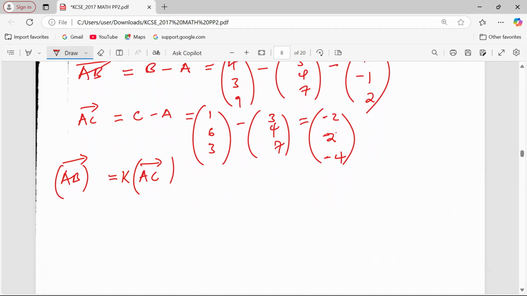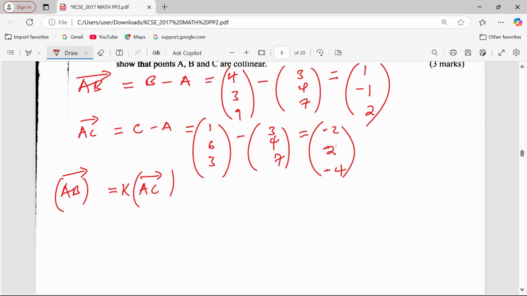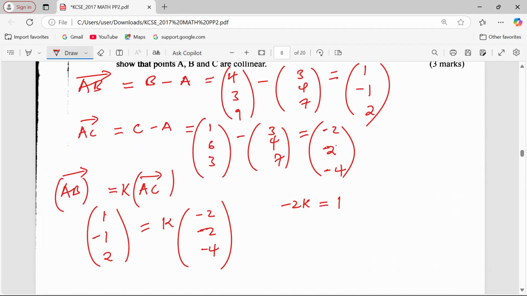So that we say vector AB, which is 1, -1, 2, equals to a constant k times -2, -2, +2, and -4. Then from the x, -2k equals to 1. Therefore, k equals to -half.